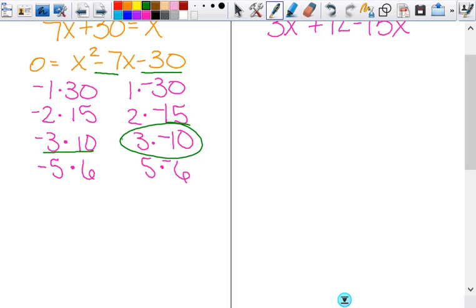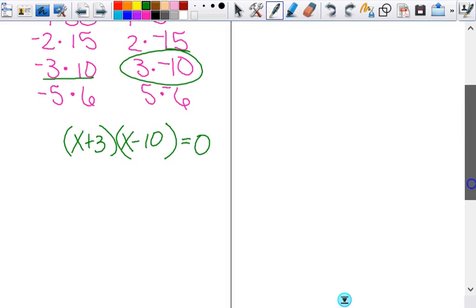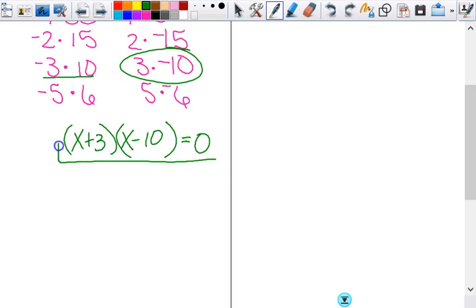So I have to set up my factors. I don't forget my GCF. Oops. But I don't have a GCF right here, so we don't make one up. I split my x's. My factors are +3 and -10. So this right here, this is factored.